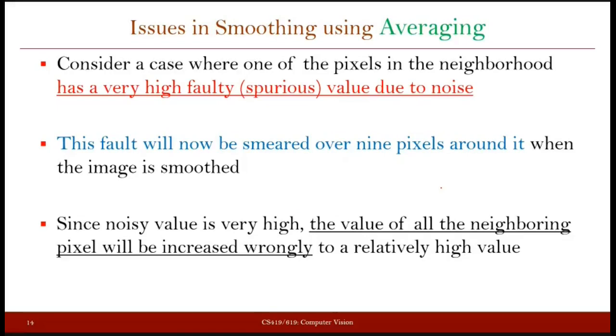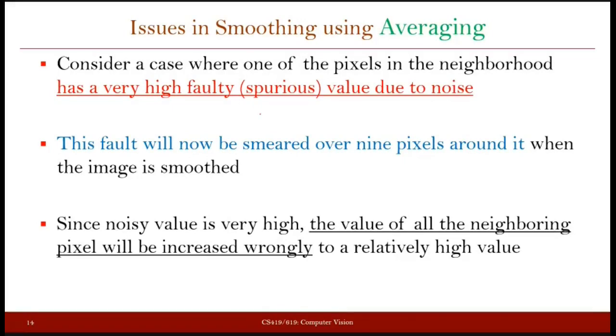Now there are some issues when we are using this averaging filter. To understand this, let us consider a case where one pixel in the neighborhood has a very high faulty value, and the other pixels have the correct value.